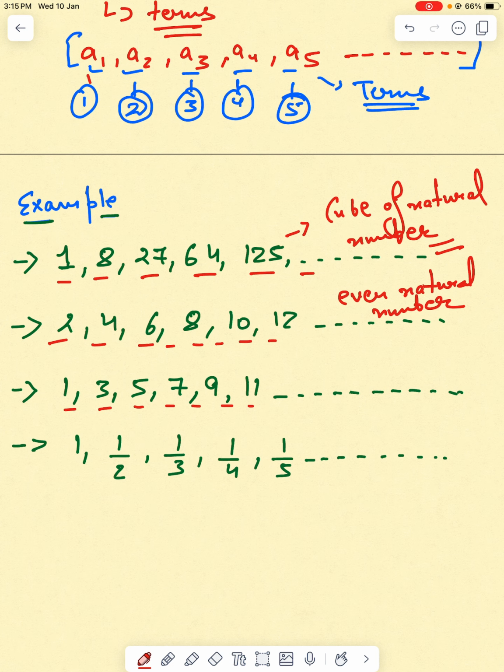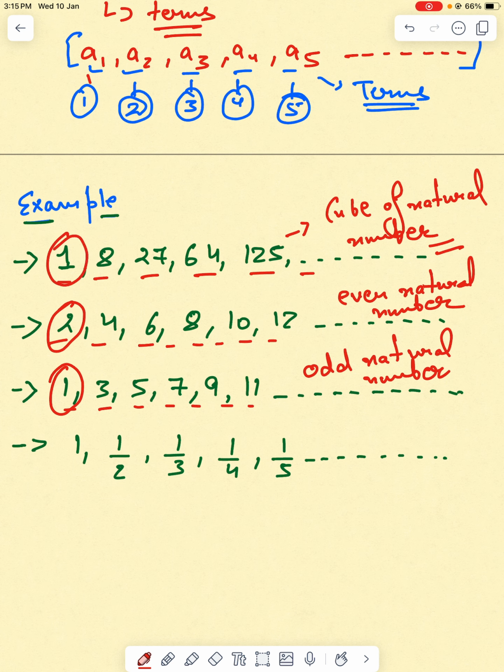This is the sequence of odd natural numbers, whose first term is 1, and here the first term is 2, and here the first term is 1, that is a1. Okay, what is this? Can anybody guess? This sequence is the reciprocal of the natural numbers.